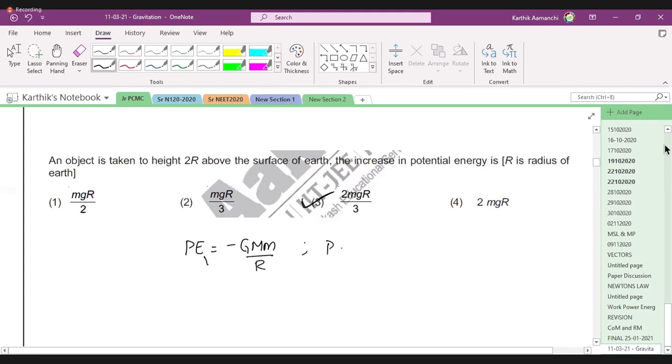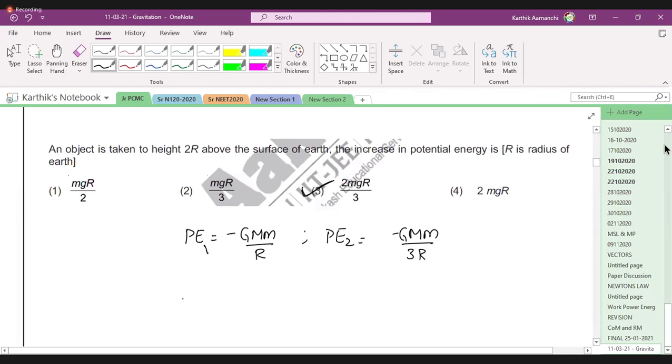What is your potential energy when you take it to a distance of 2R above? Minus GMm by R plus h, so 3R, no? Yes, sir. He is asking the increase in potential energy, so find out delta P. Two by 3 GMm by R you will get, right?